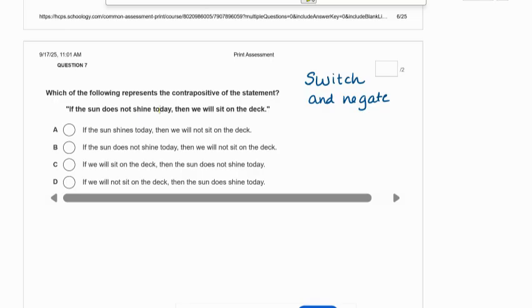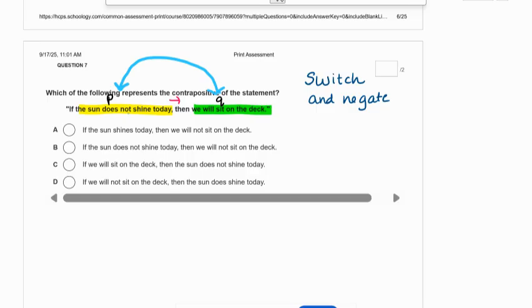If the sun does not shine today, that would be P. Then we will sit on the deck. That would be Q. All right, so we have to find where this one was switched and negated. So we have to switch them, and we have to negate each part.